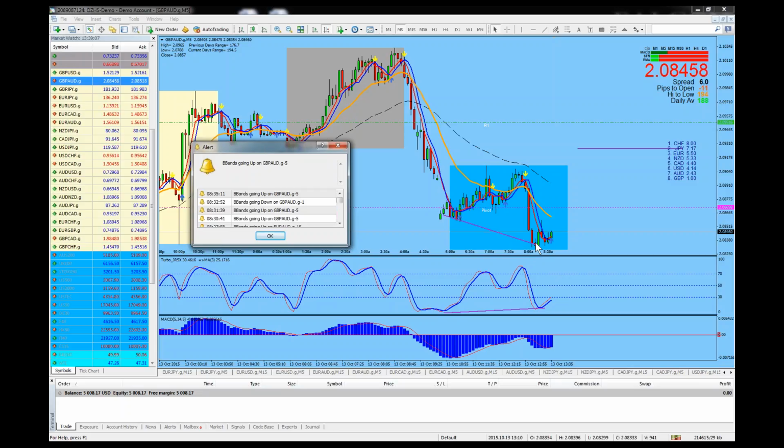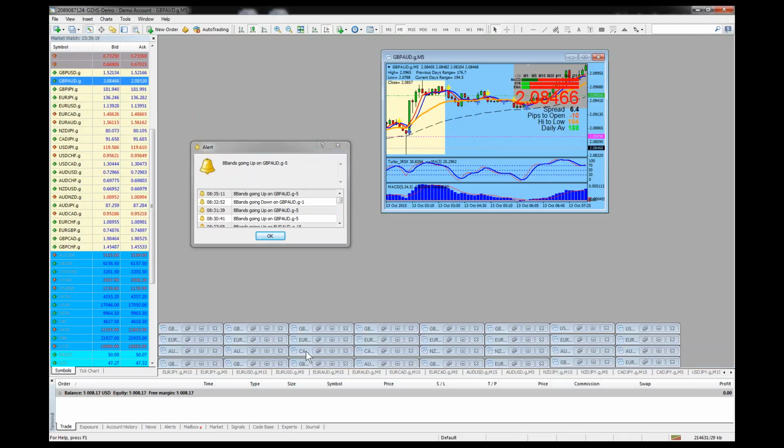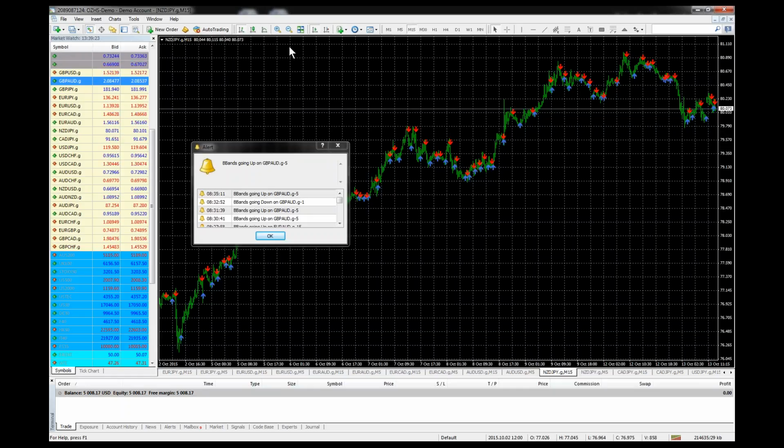So I was explaining these lines that you see on the chart here, and also explaining how I set up my charts. This is how I had them set up a long time ago. I have a 15 and a 5 minute chart on each pair. Not every pair in here, but on certain pairs, a 5 and a 15.